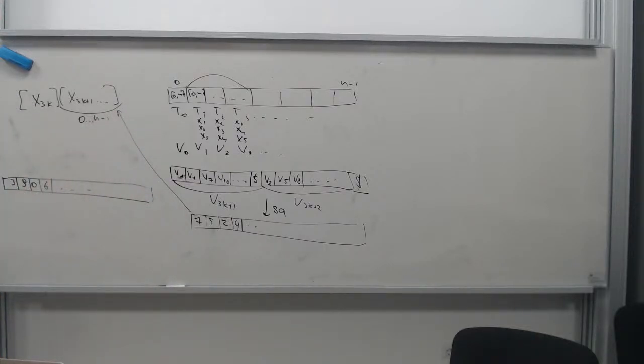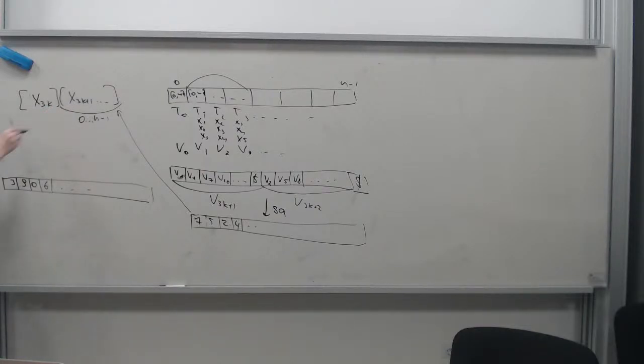And then to sort the suffixes that start at positions divisible by 3, we can show that it is equal to the character at position 3k, and some value from 0 to n minus 1 that is given from the sorting of all the suffixes that start at positions 1 modulo 3.